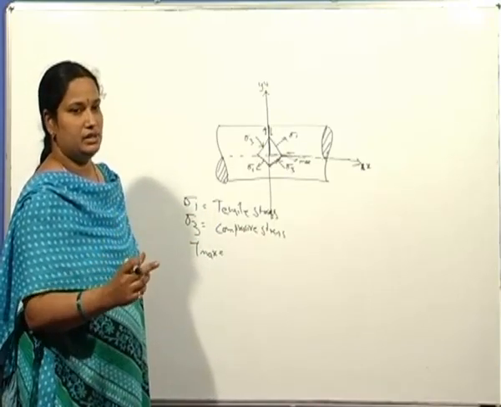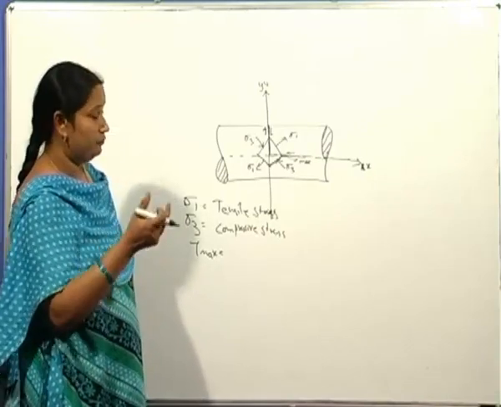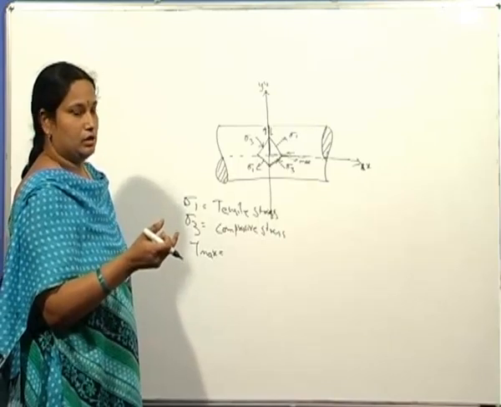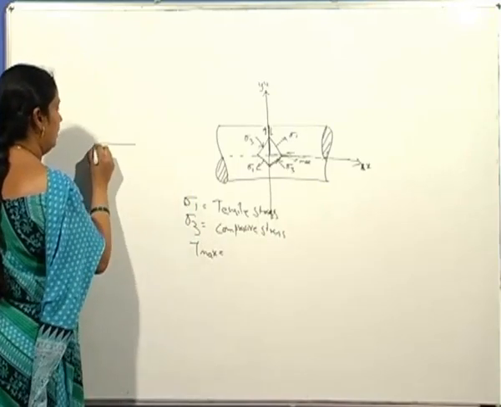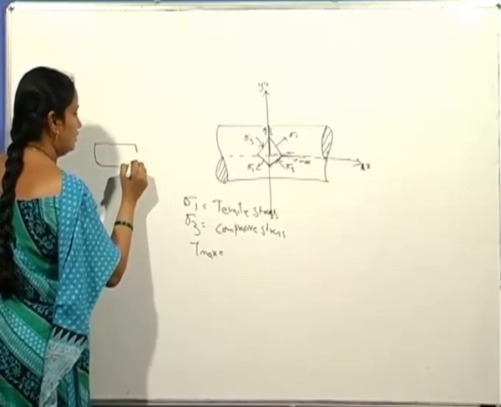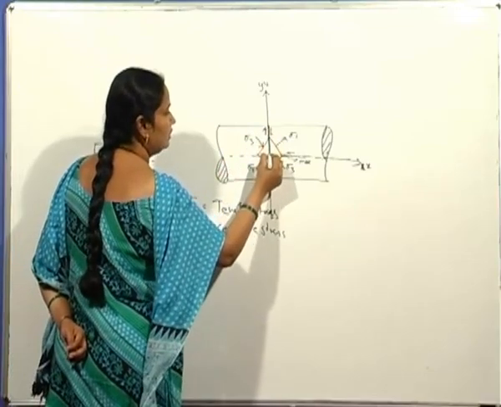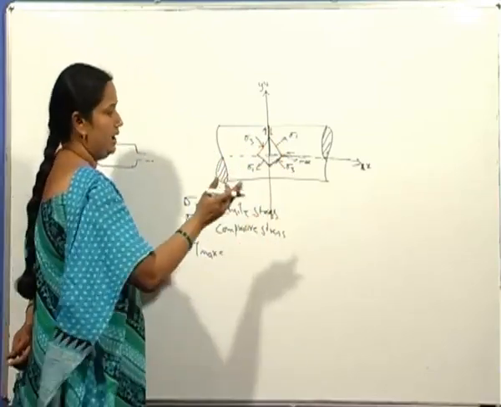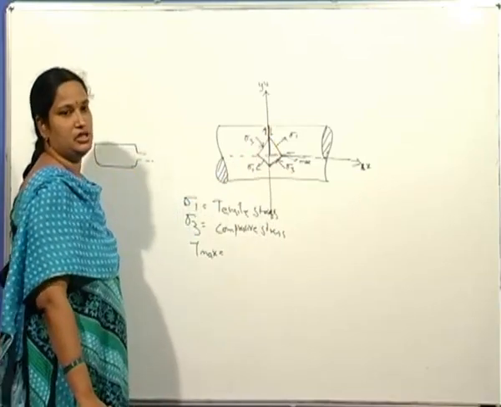When a ductile material is subjected to a torque, it fails by torsion. The plane of fracture is perpendicular to the longitudinal axis, because this is the plane of maximum shear stress.